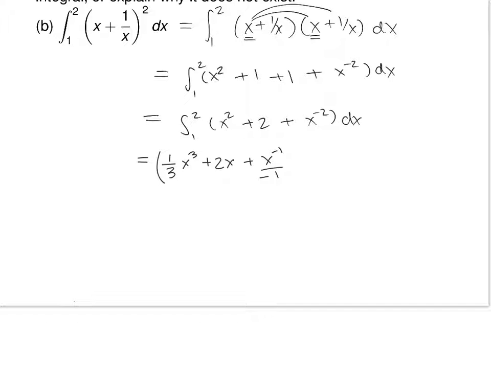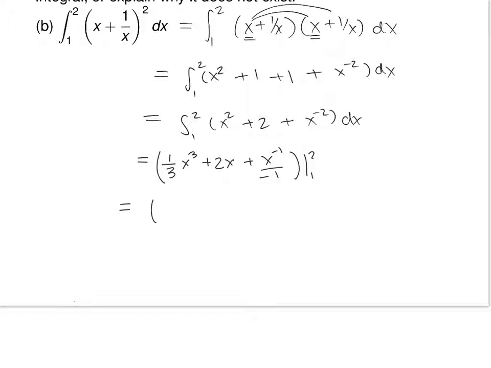Which you could just make negative 1 over x, right? The reverse power rule is you take the exponent and add 1 and divide by the original exponent plus 1. So just think about what the rule is for x cubed or x squared, and then do the same rule for x to any power, except for x to the negative 1, which is a bit special. And now plug in your numbers.